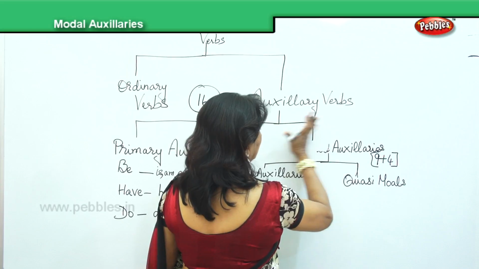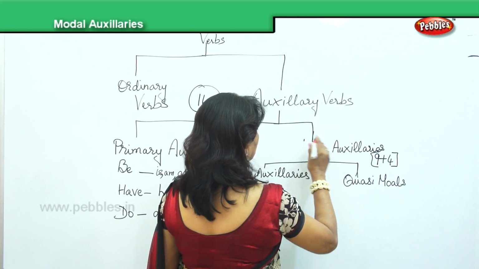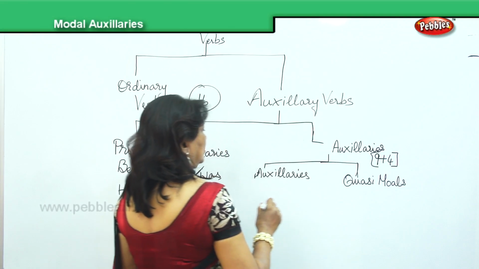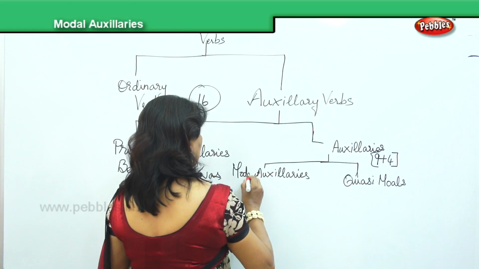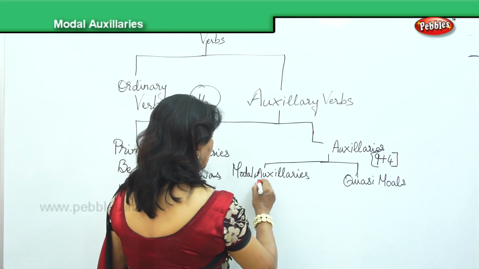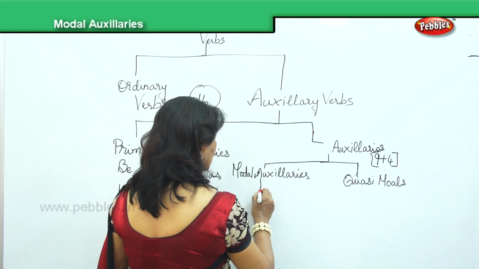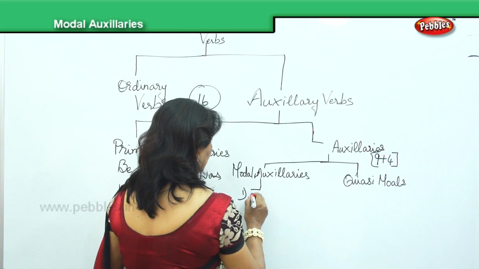Okay, I'll just say these auxiliaries are modal auxiliaries and quasi-modals. These modal auxiliaries are further divided into 9.